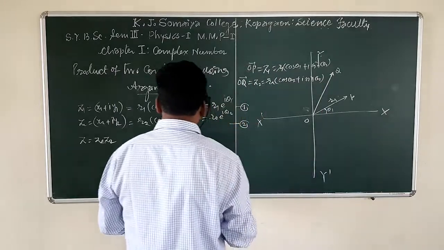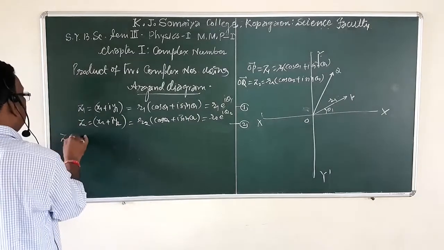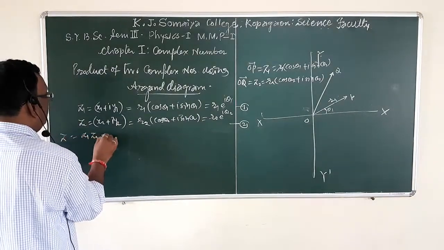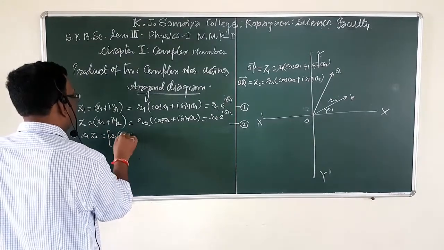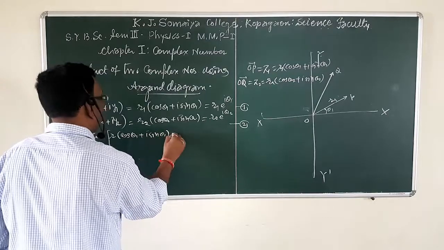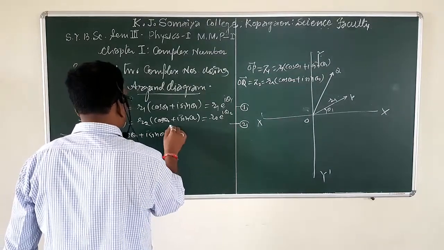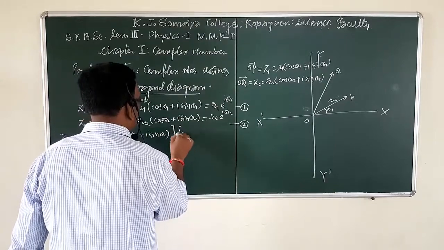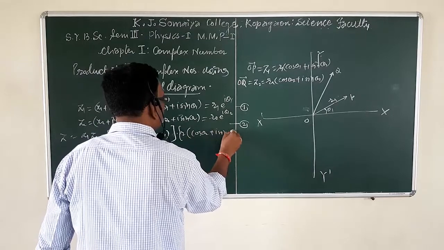Now when we take the product of these two complex numbers, we have Z is equal to Z1 into Z2 is equal to r1 cos theta 1 plus i sin theta 1 into r2 cos theta 2 plus i sin theta 2.